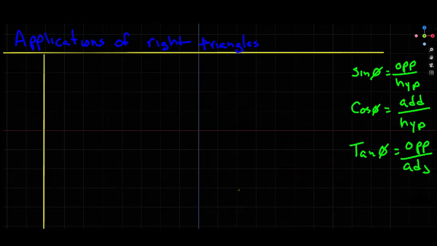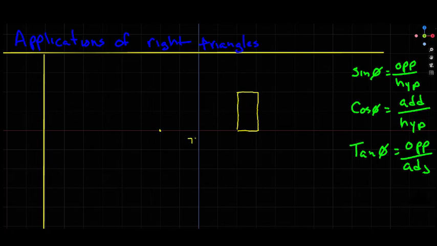All right, let's take a look at this one. The angle of elevation of the top of a building from a point on the ground 75 yards from its base is 28 degrees. All right, so we've got some building out here. There's my building. And we are 75 yards away at some point on the ground.